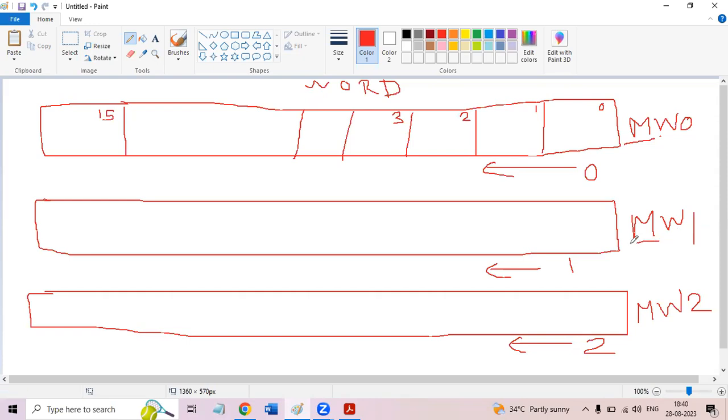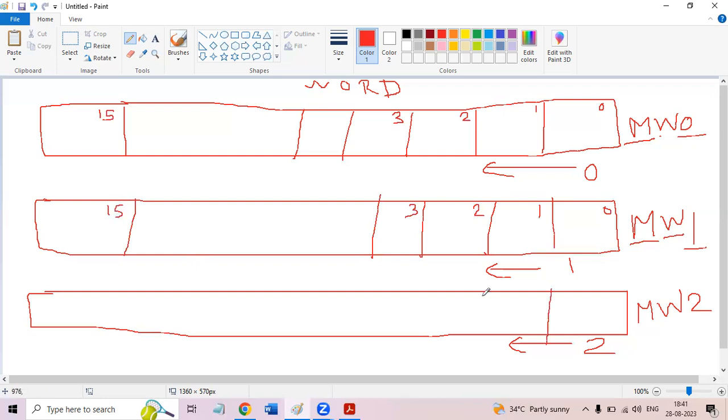MW1 means flag, word location, 1 number road, and MW0 is flag, word location, 0 number road. In 1 number road also you have houses 0, 1, 2, 3 up to 15.